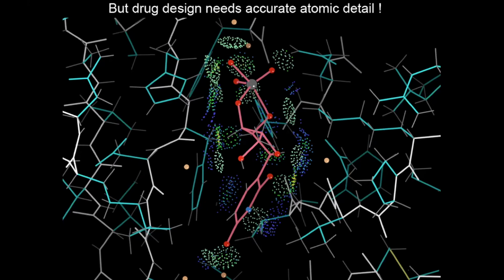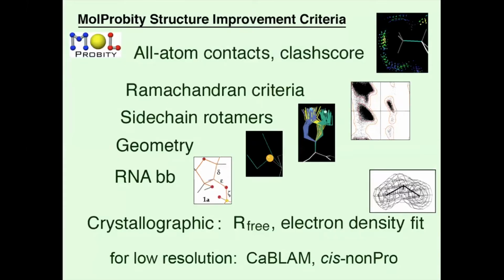So the MolProbity criteria started off with all-atom contacts and clash scores. We developed updated criteria for things like Ramachandran and rotamers and geometry, and new ones for RNA backbone.